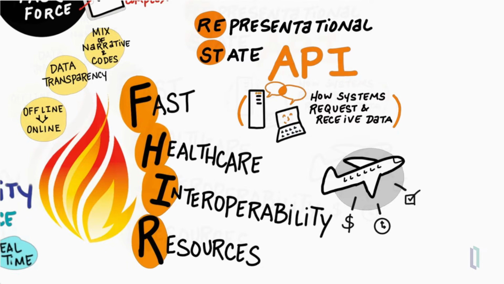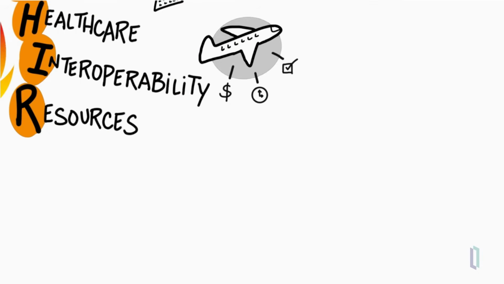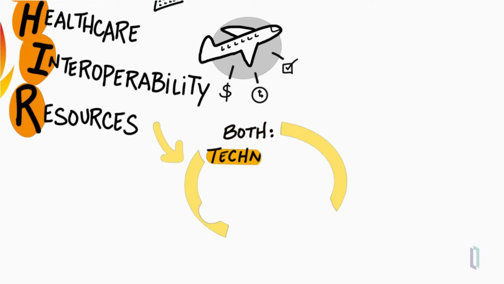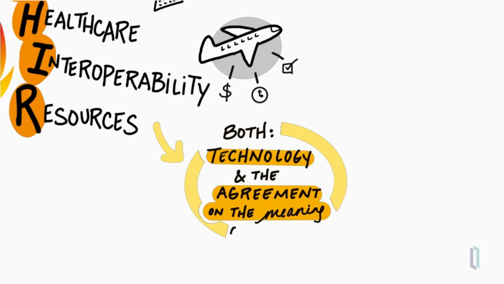That is because the airlines have agreed on how to represent the data in an airline flight, what to ask and what you get back in return. That's that REST API, and that's what FHIR is for healthcare. It's the same technology, and it's the agreement on the meaning of the data.